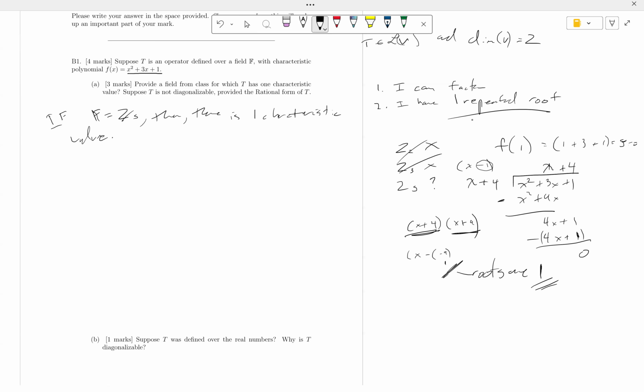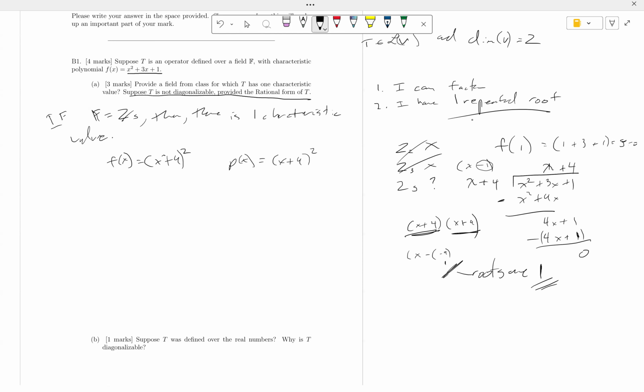Okay. Now, suppose T is not diagonalizable, provide the rational form of T. So this is really an extension of the field that we're using. Here, I know that my characteristic polynomial, f of x, has now become x plus 4 times x plus 4, or x plus 4 squared. With T not being diagonalizable, that means that the minimal polynomial p of x also equals x plus 4 squared.